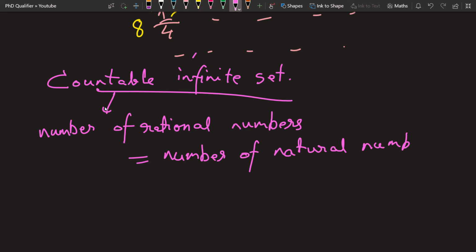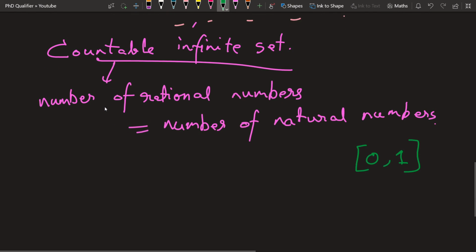This is almost unreal because when you think about rational numbers, there are so many of them. Even if you think between 0 and 1, how many rational numbers are there? This will be infinite.